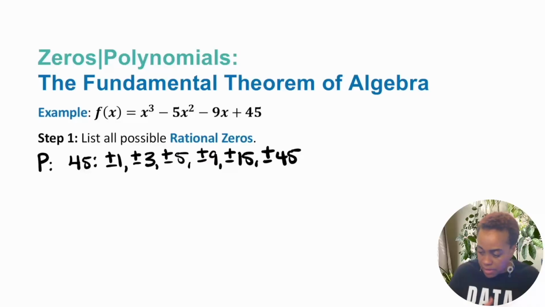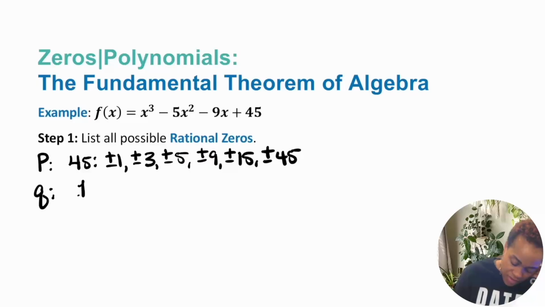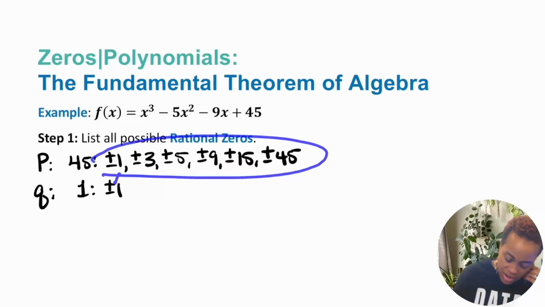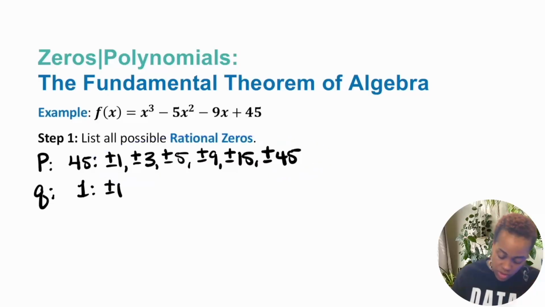Y'all check my math. And then our q are all the factors of 1, which is plus or minus 1. We're going to take all of these and divide them by 1. So if all of them are divided by 1, what is your list?